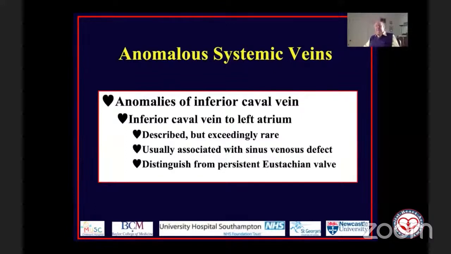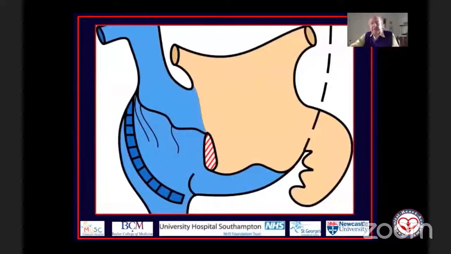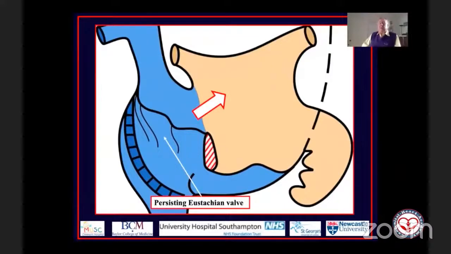We also have to distinguish this variant from persistent eustachian valve. So let me show you those two mechanisms. Here you see the situation where we have persistence of that eustachian valve. And that is deflecting, in this instance, all the blood through the inferior caval vein across the oval fossa into the left atrium.